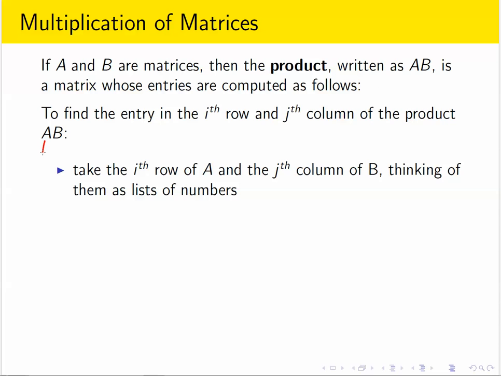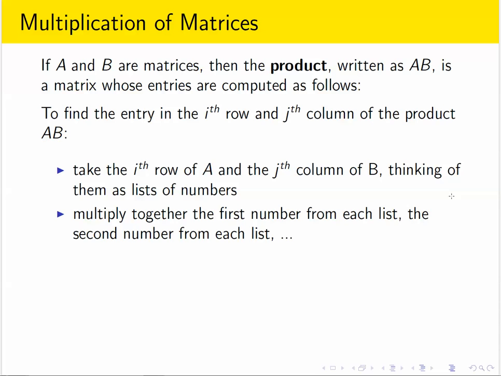So that would be the ith row of A. And we take the jth column of B. Each of those, that row of A and that column of B, we can think of as a list of numbers. Then we match together numbers from those lists. We can take the first number from each list and multiply those together. The second number from each list and multiply those together, and so on. And after we've done all those multiplications of individual numbers from each list, we just add the results.